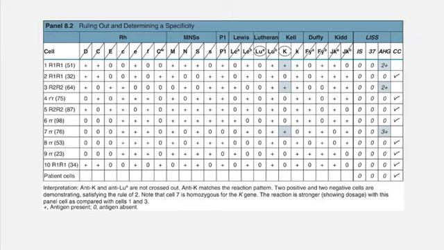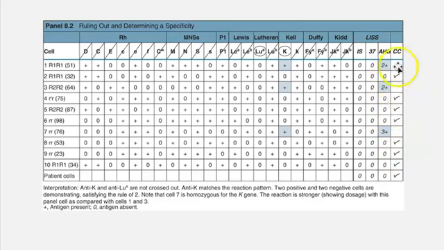So we're looking for panel cells with negative reactions at all tested phases. So we're not going to use this one because we have a positive at AHG. So this one is not negative at all tested phases. However, cell number 2 is negative at all tested phases. So we're negative at initial spin, negative at 37, negative at AHG.